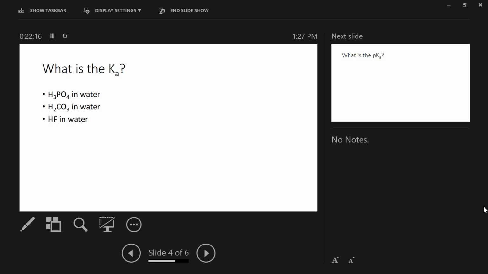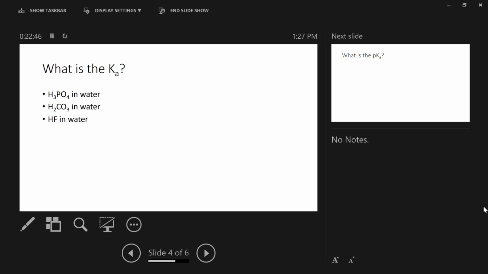All right, now Ka. How would we do Ka for H2CO3? What would our concentrations on top be for that reaction? H3O plus still. That's one of our products. Times the concentration of what? HCO3 minus. Divided by what?